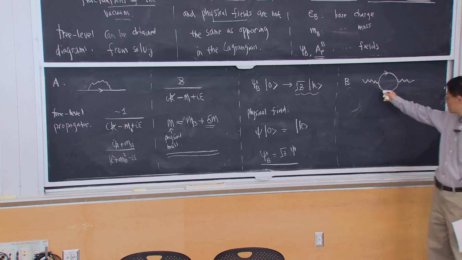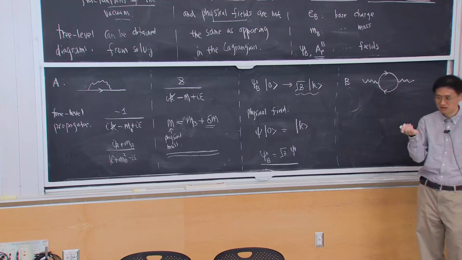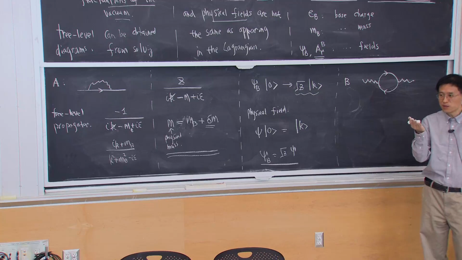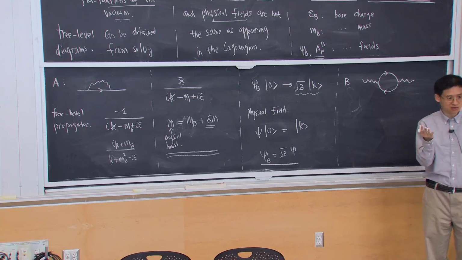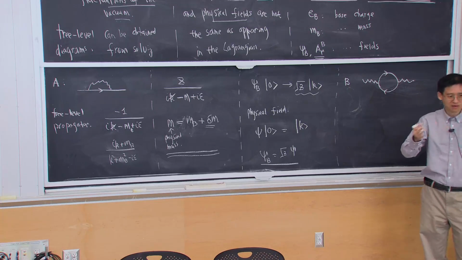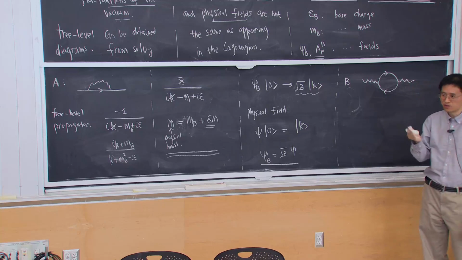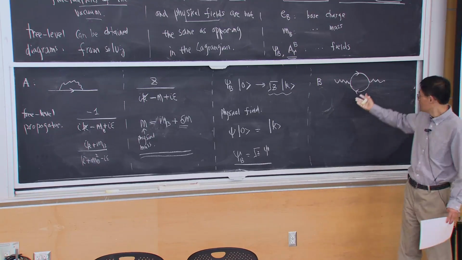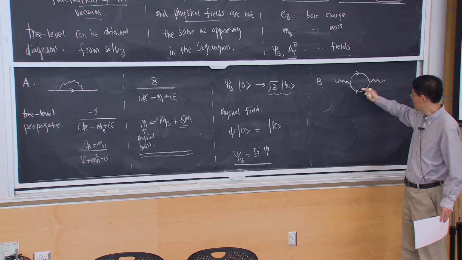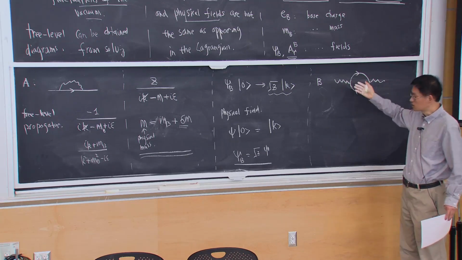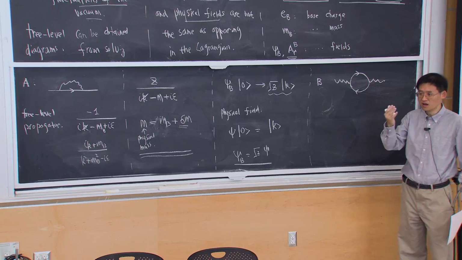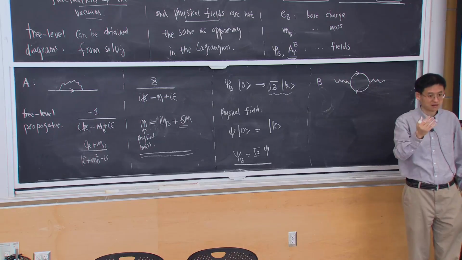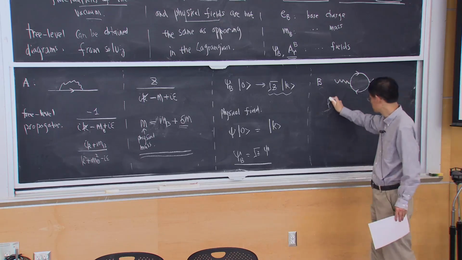Even when you include such corrections, the photon is still massless. Remember, previously we said why you cannot add a mass to a photon. Do you remember why we cannot add a mass term to the Maxwell field? The gauge invariance. The fact that the mass cannot be generated by such a correction just means that the gauge symmetry is maintained. So the photon remains massless.